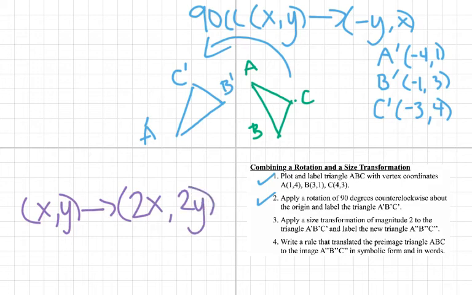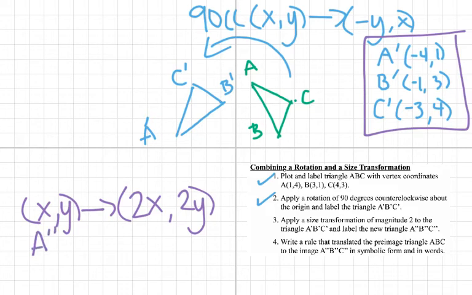So I'm going to take the coordinates that we just did, A prime, B prime, C prime, and apply a scale factor of 2. And now I'm going to write A double prime, B double prime, and C double prime, because I want to note that I've actually had 2 transformations. Okay, so go ahead and write out the new points, and you can go ahead and graph them as well.